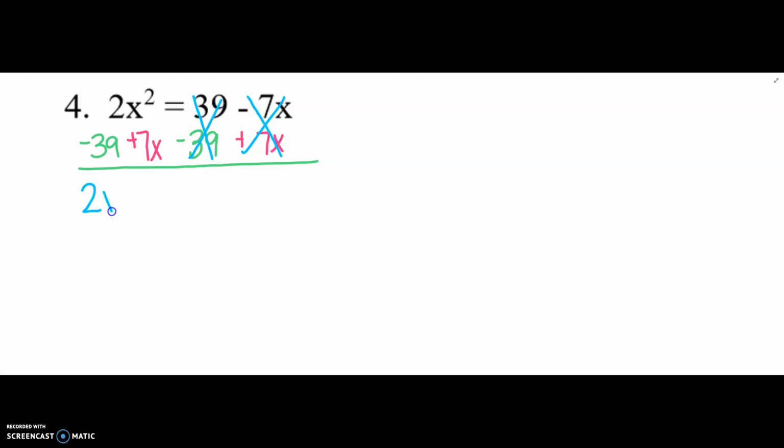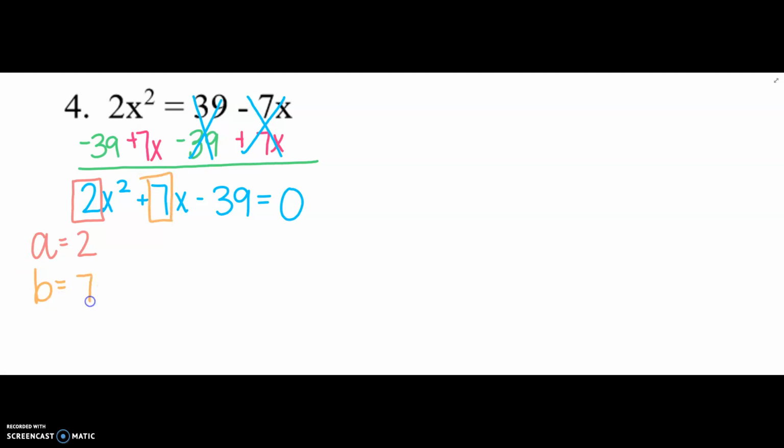I'm left with 2x squared plus 7x minus 39 equals 0. Now I can label my A, B, and C. My A term is 2. My B is 7. And my C value is negative 39.